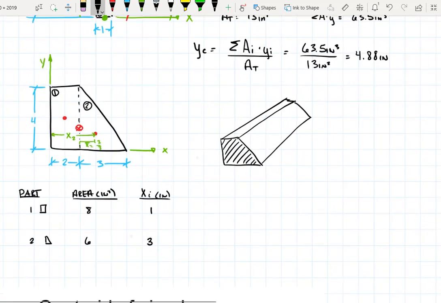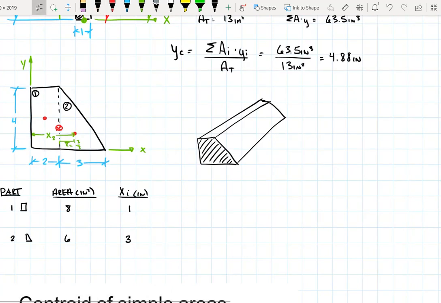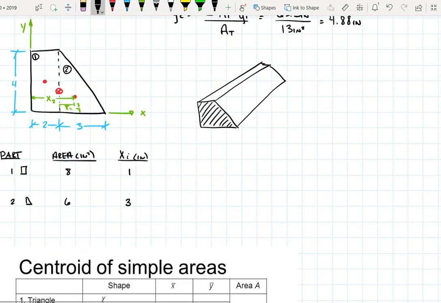Now I could go and do the A times x right now, I guess. A times x in inches cubed. And I've got 8 times 1, and I've got 6 times 3. I've got 26 total here, and 14 total there.